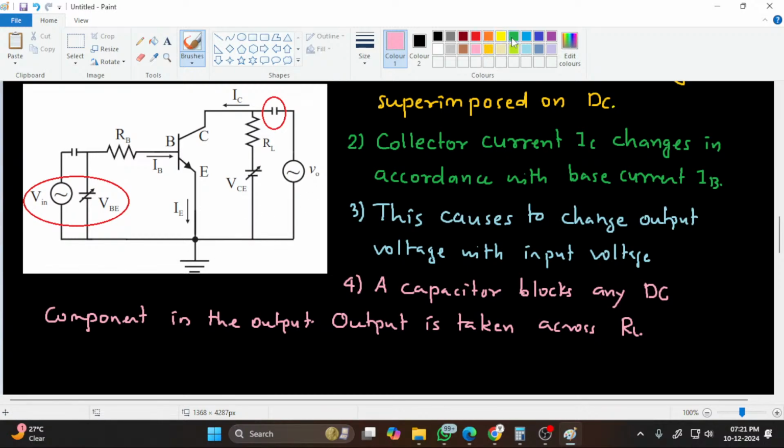VCC, that is voltage between these 2 points, is equal to ICRL, that is voltage across load, plus VCE. So VCC is equal to ICRL plus VCE.